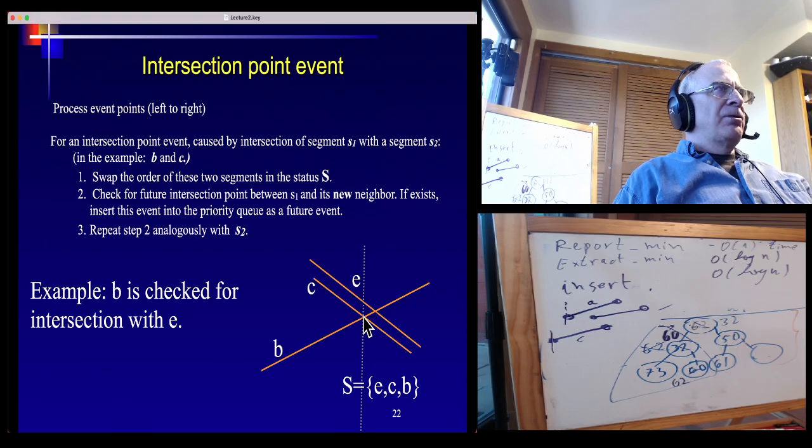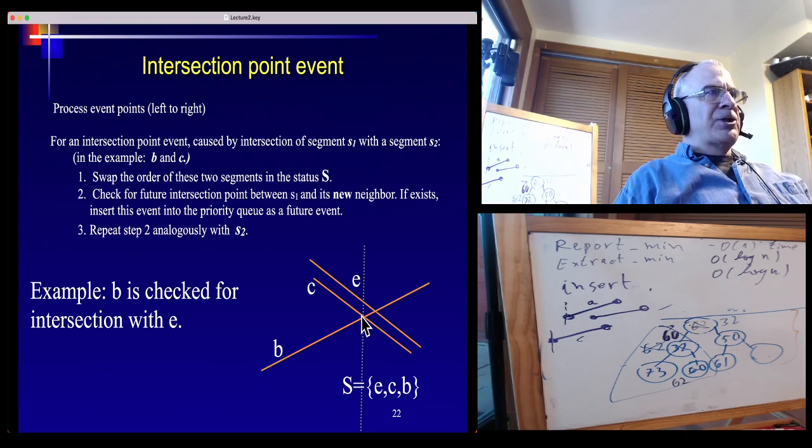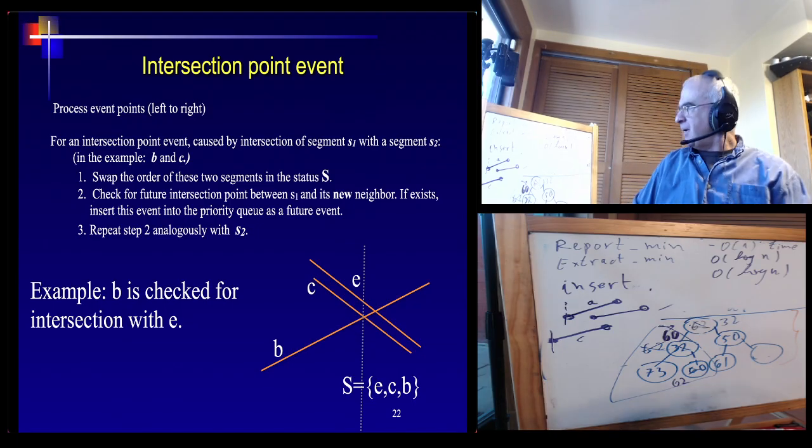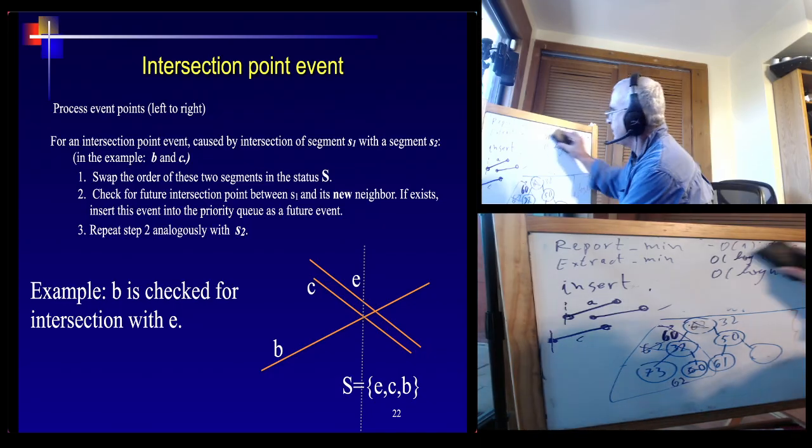Okay, what should I do with the third type of event? I hit an intersection point between C and B, and I'll repeat my uncontrollable reflex. Even write it.